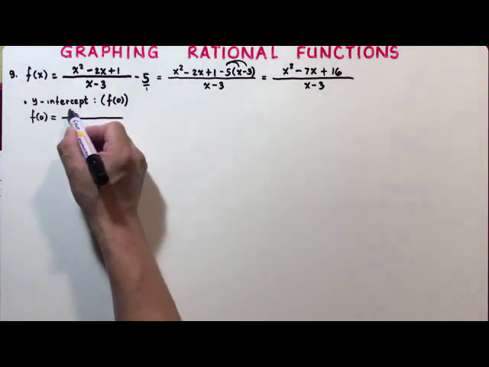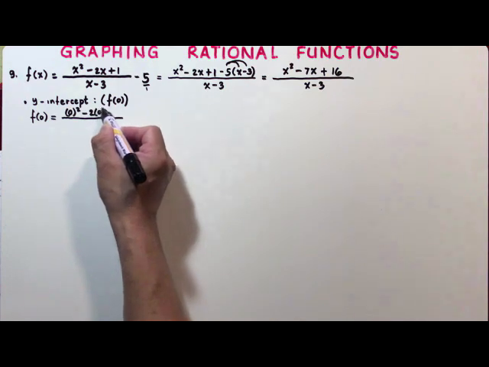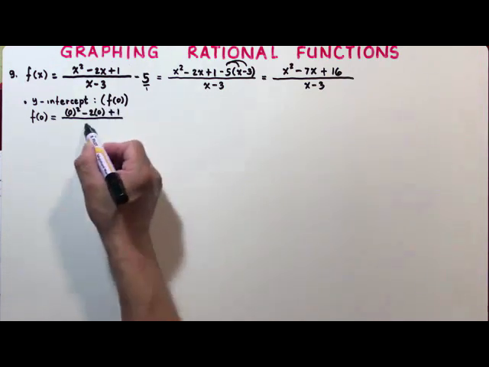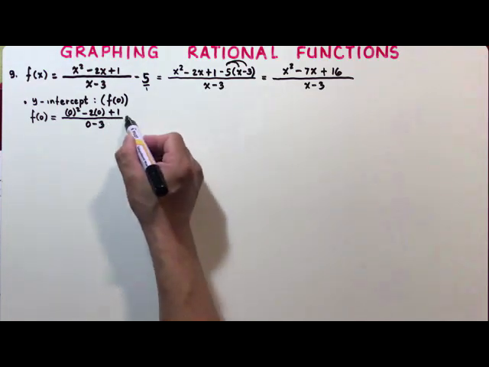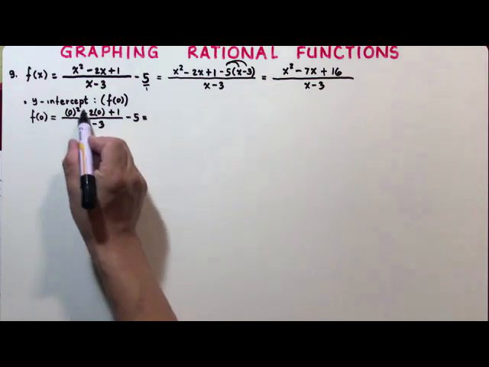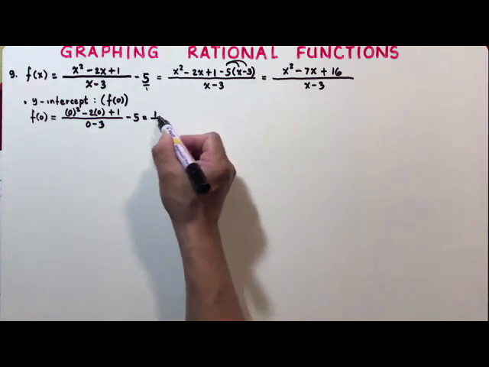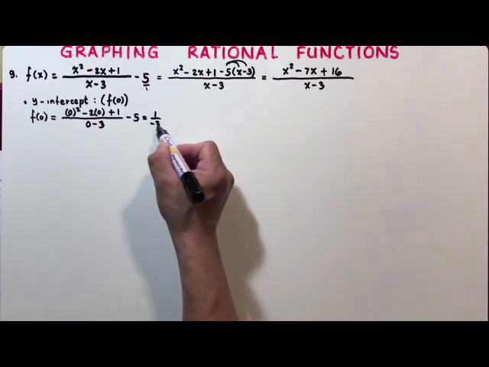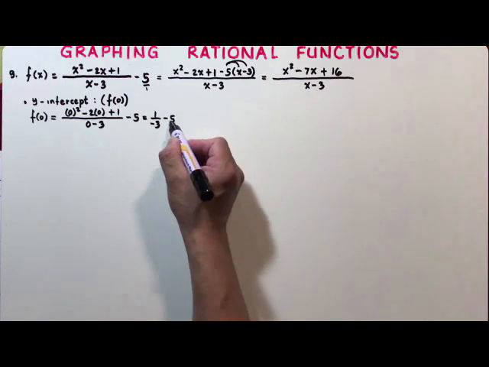We have 0 squared minus 2 times 0 plus 1 all over 0 minus 3. And remember, there is a minus 5 here. So 0 squared minus 2 times 0 is 0. So plus 1, we have 1 over negative 3. But remember, there is a minus 5 here.